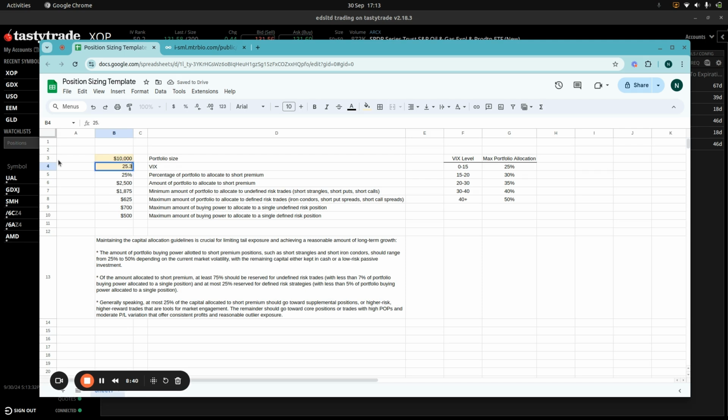Let's say it's 25.3. Everything will then be automatically calculated for you. All you need to do is use this information to form the backbone of your portfolio. It will tell you how much buying power to allocate to undefined risk positions, defined risk positions, and how much of your portfolio you should allocate to short premium strategies in general. So as long as you follow this, you will be fine.